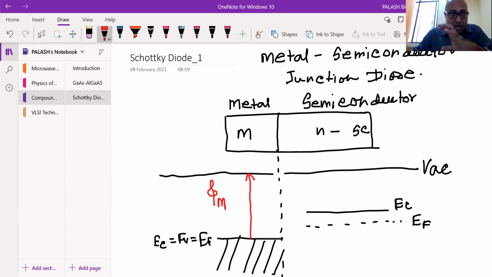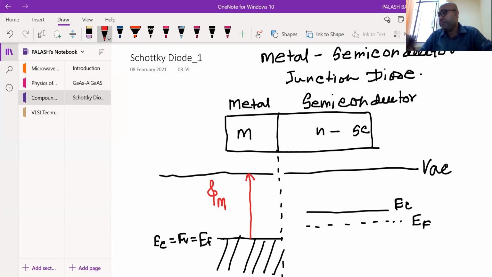It tells you about a metal that is staying at the EC or EV or Fermi level, whatever, of a metal surface. When you take out this electron and set it free, the amount of energy you need to give is actually phi m. It is actually an energy scale, right? Phi m.